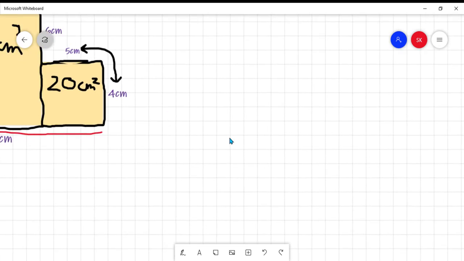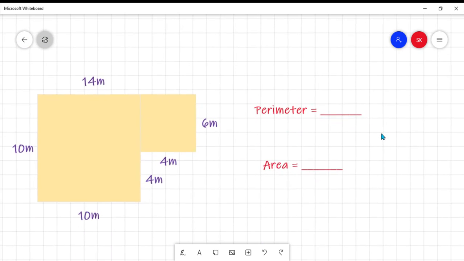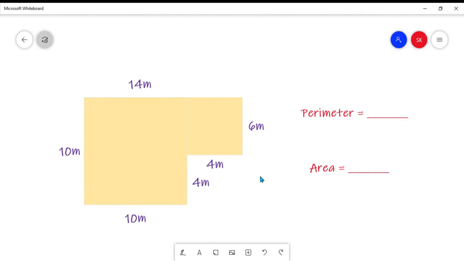Now let's move on to the next example. We have all these measurements. We have 14 meters. So this time we actually have meters. So 14 meters. There's 10 meters.